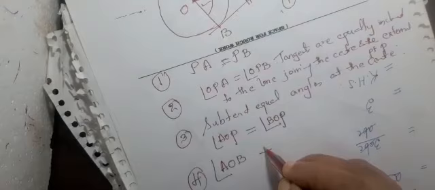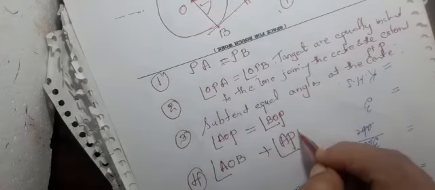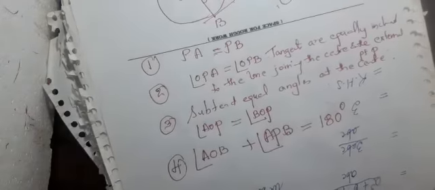The last, 4th point I am going to tell you now. Angle between the two radii, angle AOB, plus angle between the tangents, angle APB. The sum of them is equal to 180 degrees.